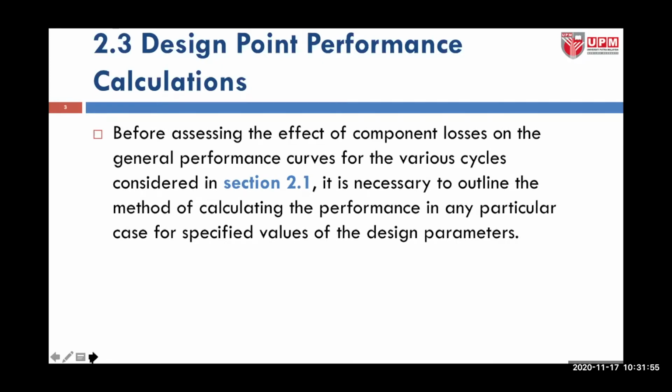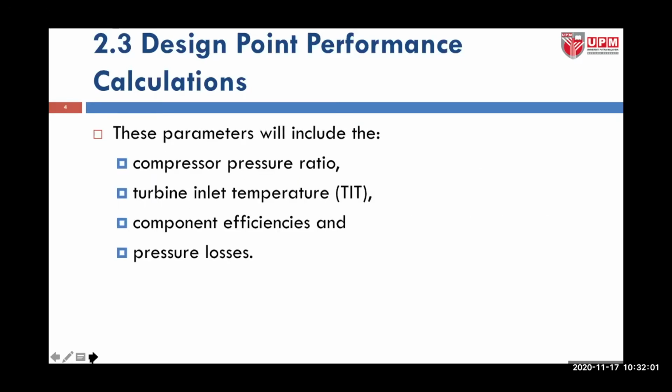So remember the design flow chart in chapter 1 as well. These parameters will include the compressor pressure ratio, turbine inlet temperature, TIT, the component efficiencies, and pressure losses.